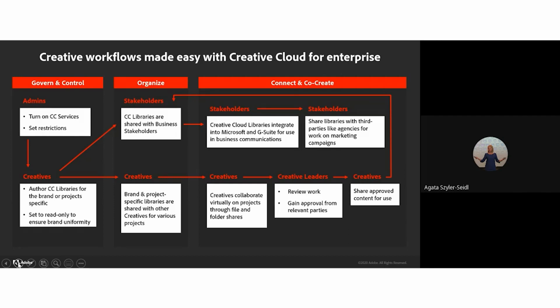You might have other solutions as well, because Adobe comes with open API technologies. And also in terms of sharing libraries with third parties, like you might be working with third-party agencies, this can help you to work more efficiently on your marketing campaigns also.